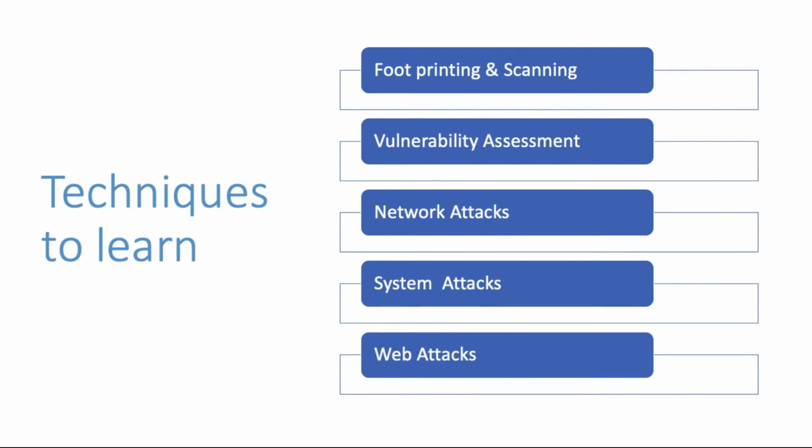Based on that, you will do a vulnerability assessment to find out what kind of vulnerabilities are available on those services. Based on that, you will do an attack. It can be a system attack, a network attack, or a web attack. For that you need to learn these techniques.